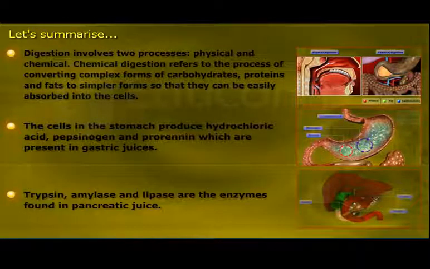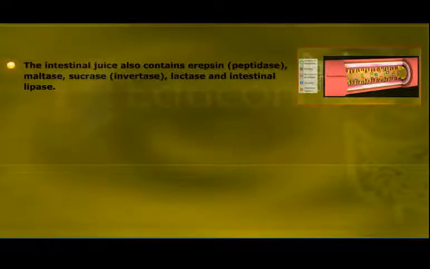Trypsin, amylase, and lipase are the enzymes found in pancreatic juice. The intestinal juice also contains erepsin, maltase, sucrase, lactase, and intestinal lipase.